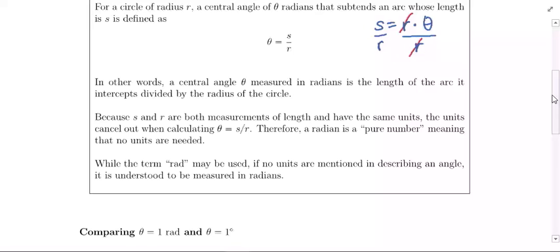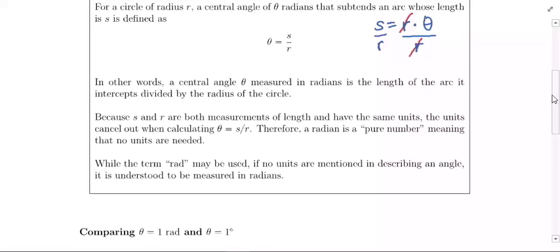Because s and r are both measurements of length and have the same units, the units cancel out when calculating theta equals s over r. Therefore, a radian is a pure number, meaning that no units are needed.